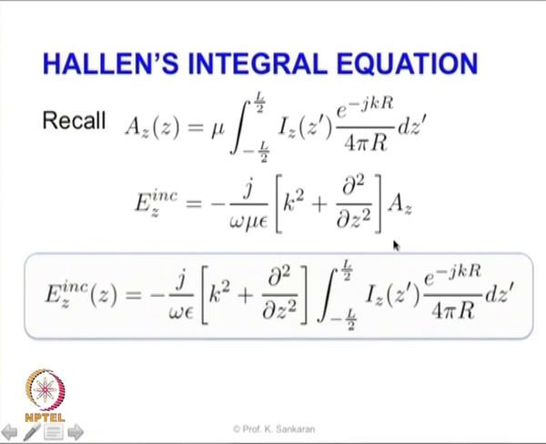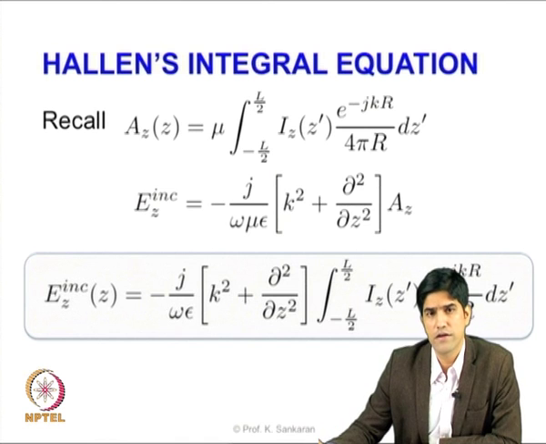And now what we know is Ez is going to be given by this expression, and we need to compute the Ez by substituting this value for Az here. So what we have is essentially an integration which has a second order derivative here, and Hallen's formulation is basically going to keep the derivative outside the integration.